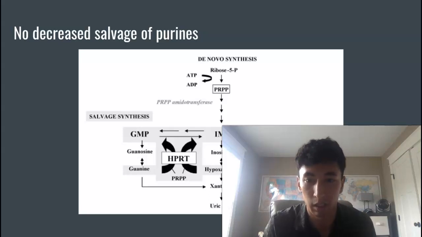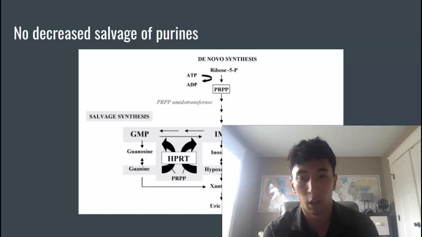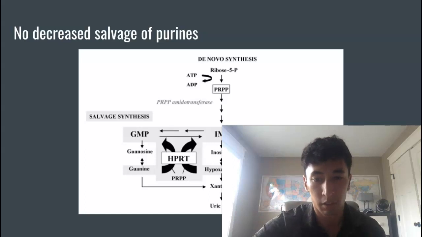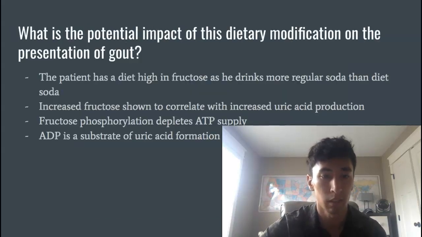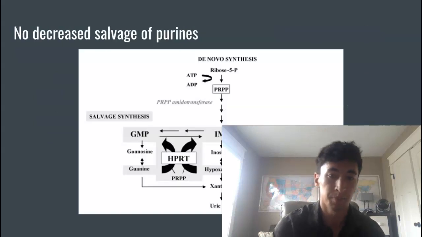The deficiency leads to the accumulation of these bases as discussed, and then the further accumulation of uric acid that is converted by xanthine oxidase. This scenario results in the purine overproduction and thus uric acid accumulation for gout presentation.